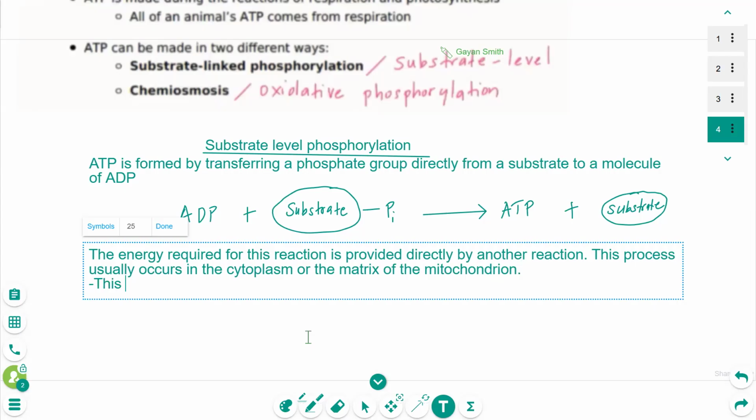This only accounts for a small amount of the ATP synthesized during aerobic respiration.